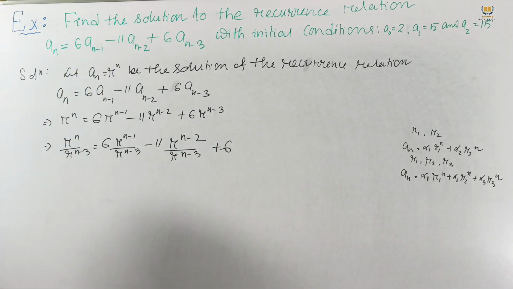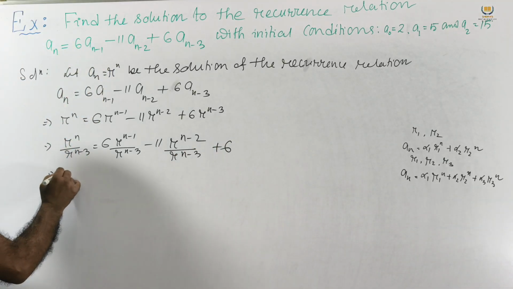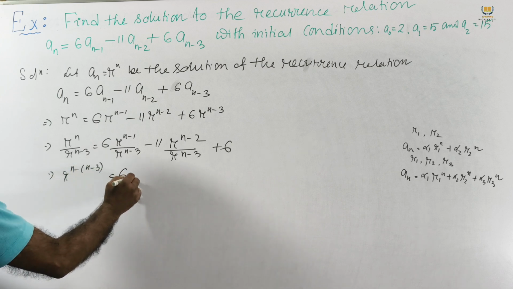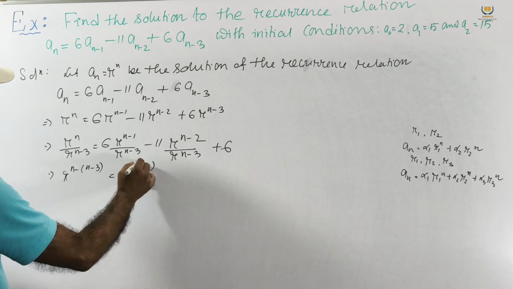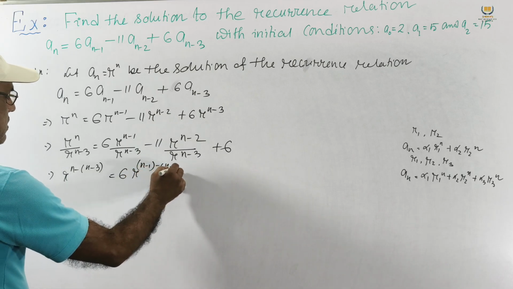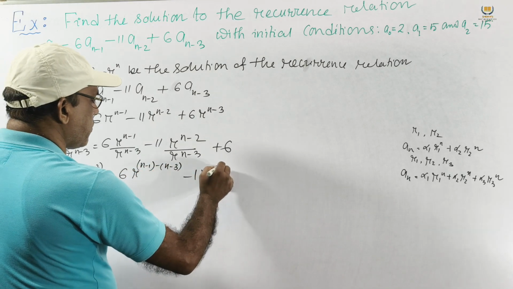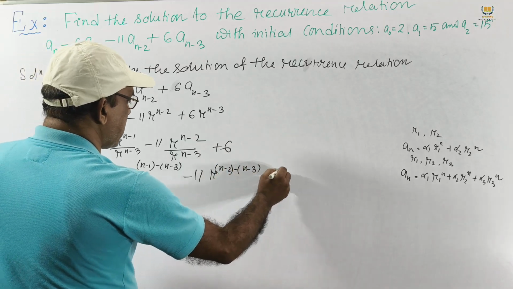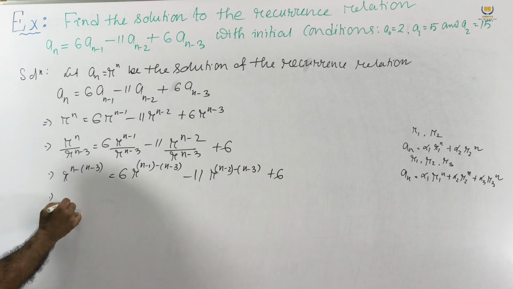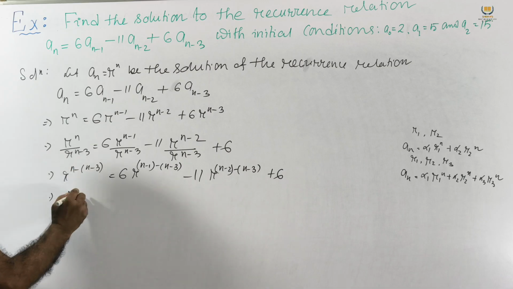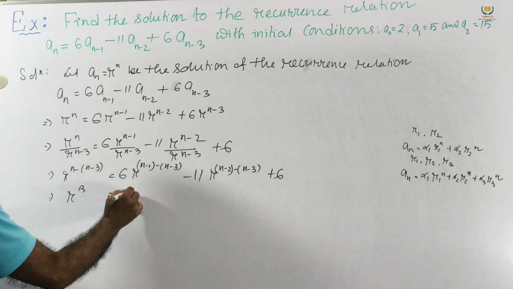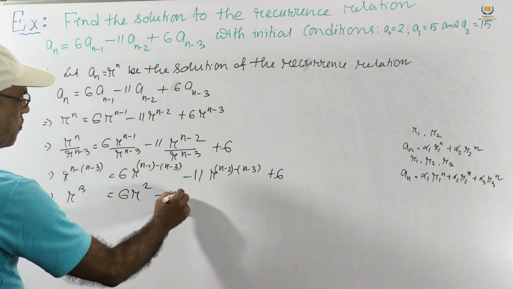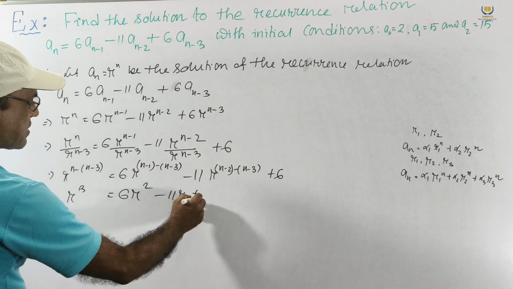This becomes r to the power n minus (n minus 3), r to the power n minus 1 minus (n minus 3), r to the power n minus 2 minus (n minus 3), plus 6. The n cancels, giving r cubed, 6 r squared, 11 r to the power 1, plus 6.